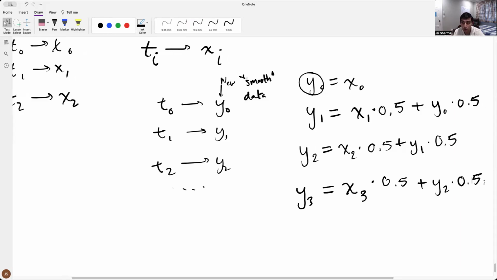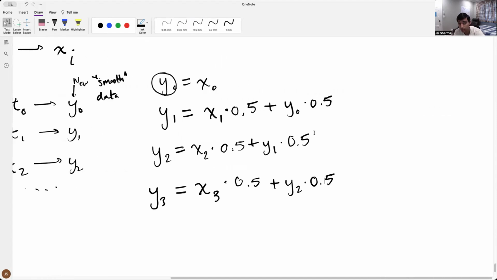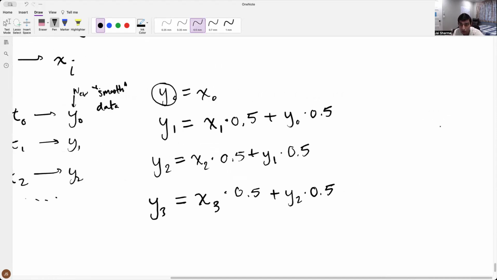And so you can see over here what's starting, actually maybe not. Let's expand this out. So this right here we can replace with x0. If we want to change everything on the right side to x's instead of y's, this could be turned into x0. This right here could be turned into x2 times 0.5. That's okay. But we want to get rid of the y1.